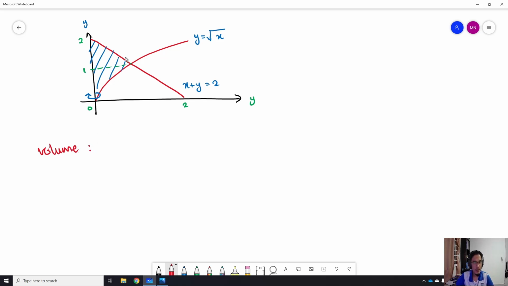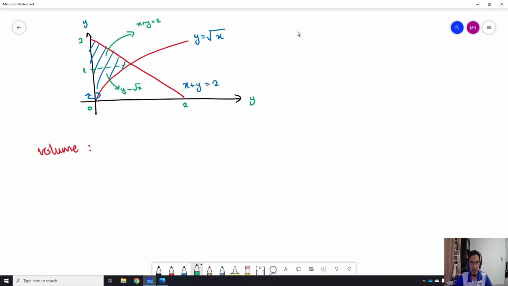Okay, since there are two parts of the region, one that is bounded to the y-axis under the graph of x plus y equals 2, and down here is the region bounded between the graph of y equals square root of x, and both are bounded to the y-axis. So we need to change the equations into terms of y.